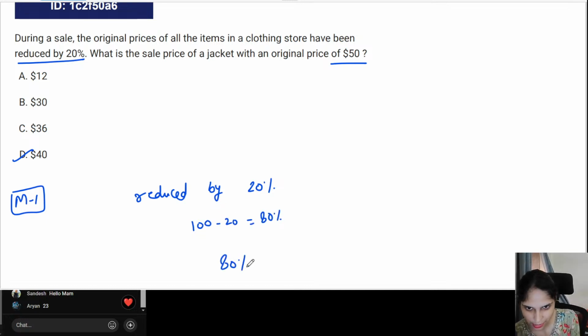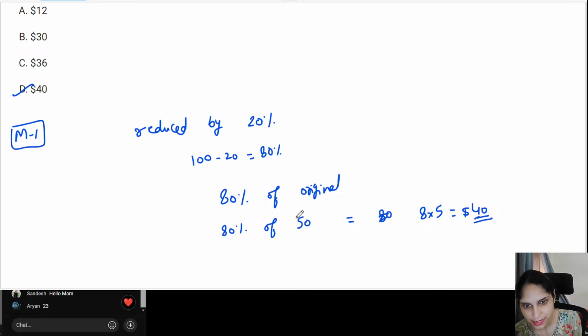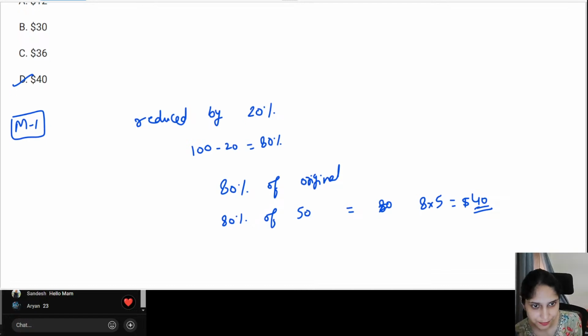So this is 80% of original, 80% of 50. So just 8 times 5, that is 40, because 10% is going to be 5, so 80% is going to be 8 times 5, 40.